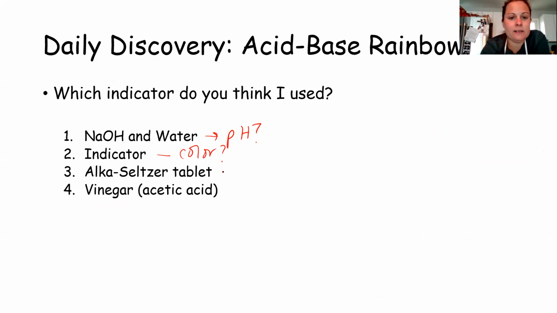When I added the Alka-Seltzer tablet, what happened to the pH and the color? And then lastly, when I added vinegar, which is just acetic acid, what happened to the pH and what happened to the color? So you can use your indicator table M and try to match up colors to pHs as pieces of evidence.